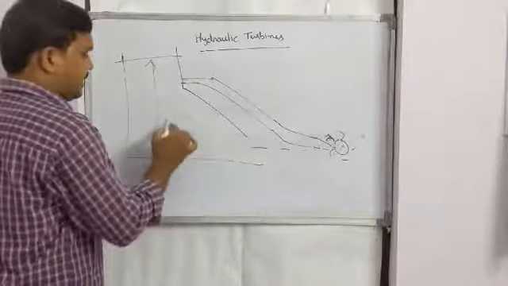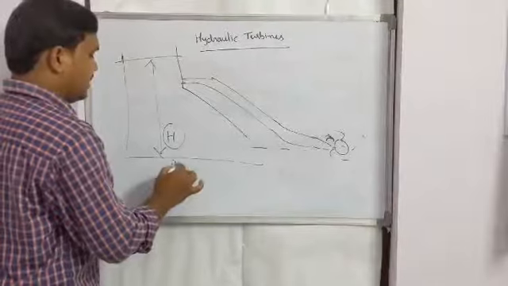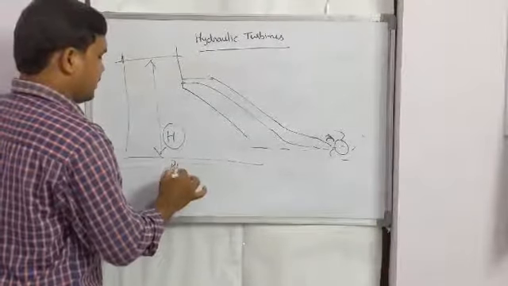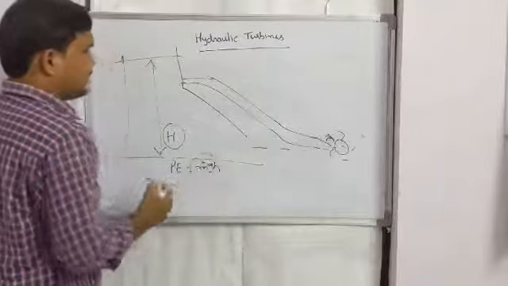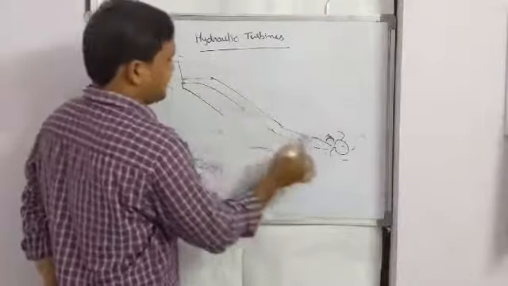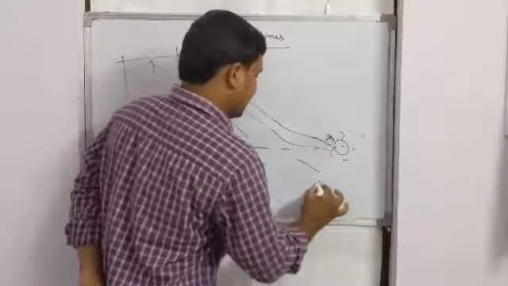Whenever the high altitude is there, potential energy exists. The potential energy P is equal to mgh. The high potential energy coming from this dam is converted into kinetic energy at the nozzle.